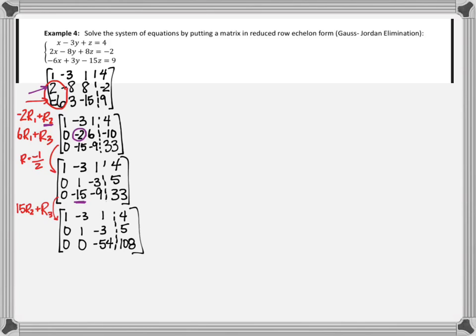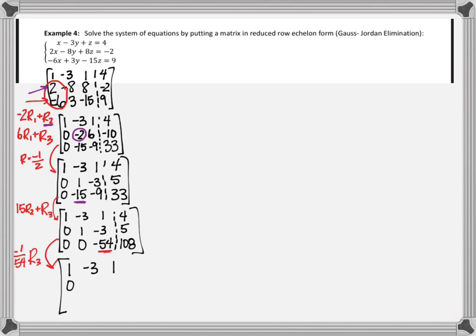All right, so to lastly get to our row echelon form, I'm just going to clear out this last -54, make that a leading 1 here. So I'm going to do -1 over 54 times row 3 and write that out. And these steps you do have to show.